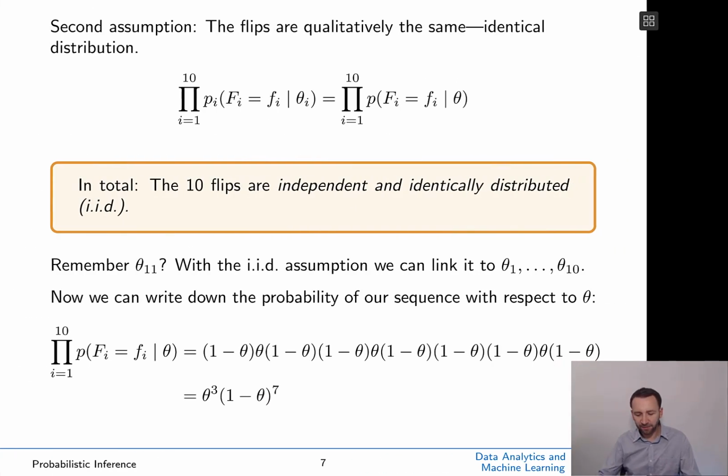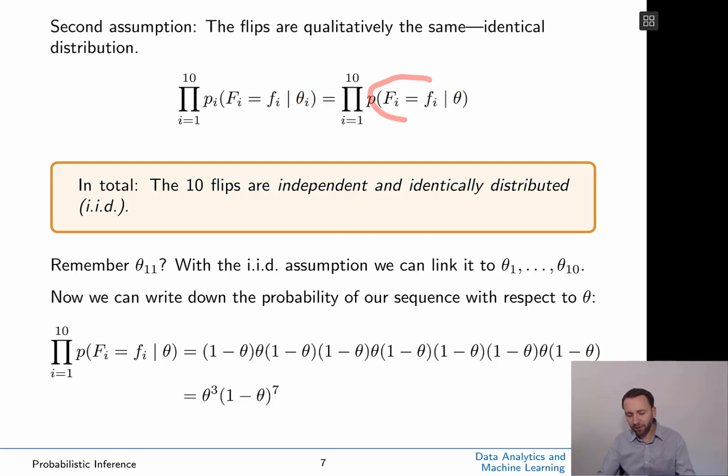And this assumption is known as the identical assumption, so to say, or jointly together with the other assumption, the independence assumption, this is known as the so-called IID assumption: independent and identically distributed. This is what we assume for our coin flip scenario. Meaning, technically, this product of independent terms no longer has theta i, but we just have a single theta, right?